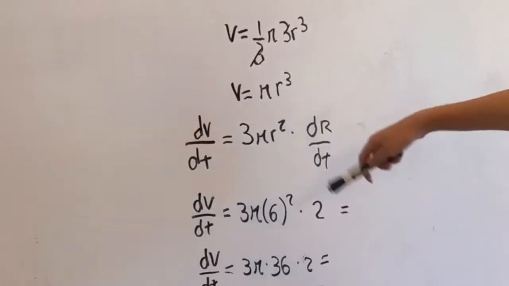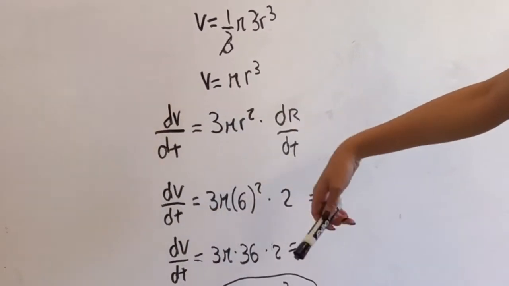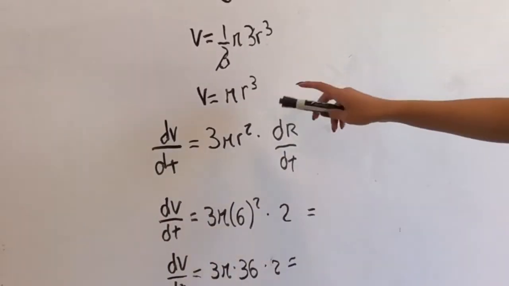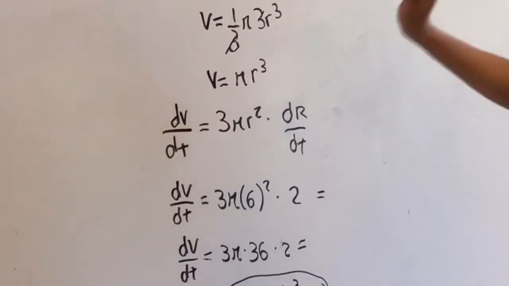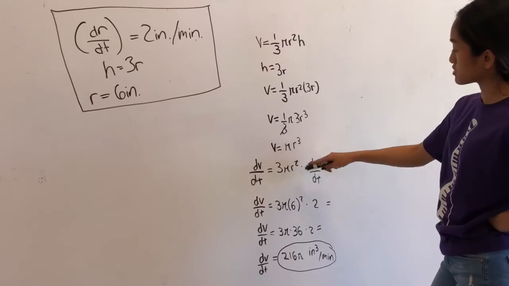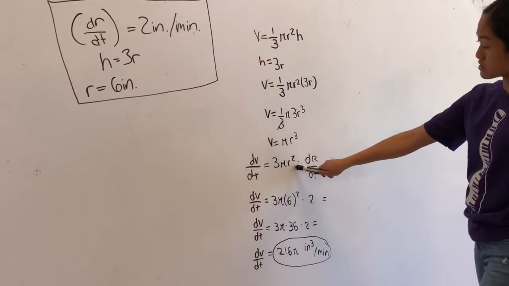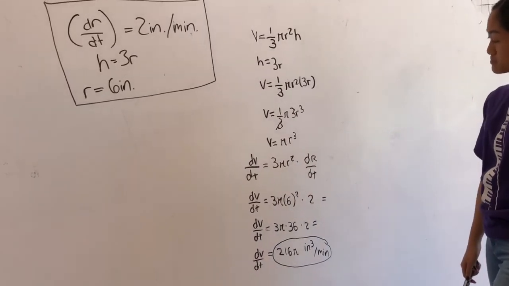So the derivative of V would be dV over dt, and then you would use the power rule here. So it would be 3 pi r squared, because you're subtracting here, and then since it's dealing with r, it would be times dr over dt.